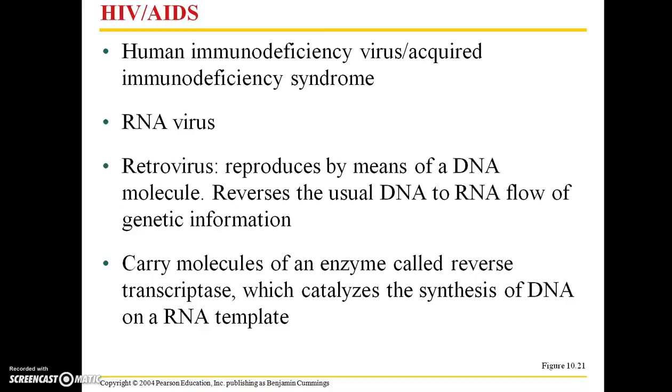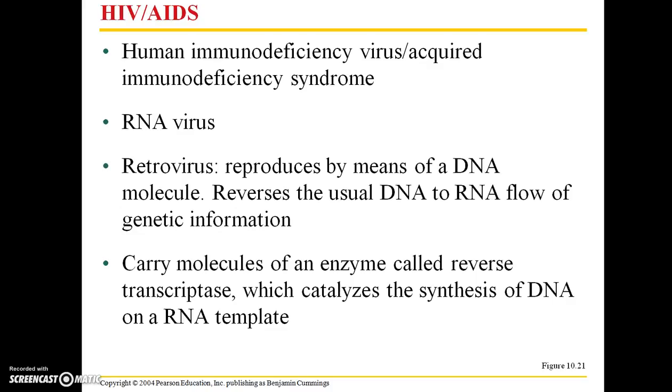Human immunodeficiency virus can lead to acquired immunodeficiency syndrome, which is AIDS. It's an RNA virus, and it's what's known as a retrovirus. So it reproduces by means of a DNA molecule, and it reverses the usual DNA to RNA flow of genetic information.